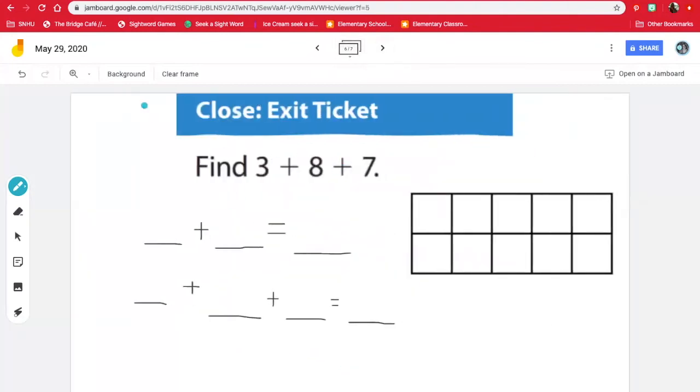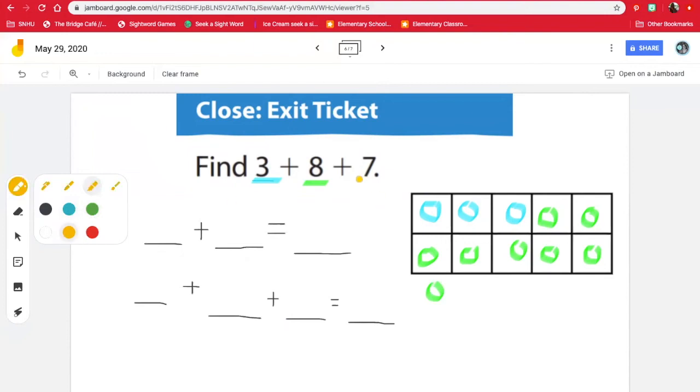Here's our last problem for today. Find 3 plus 8 plus 7. Well, I'm going to use my blue marker to draw 3. So we have blue, 1, 2, 3. I'm going to use a green marker to draw 8. I'm going to fill in the 10 frame first. 1, 2, 3, 4, 5, 6, 7, 8.